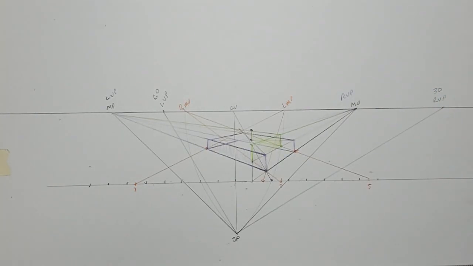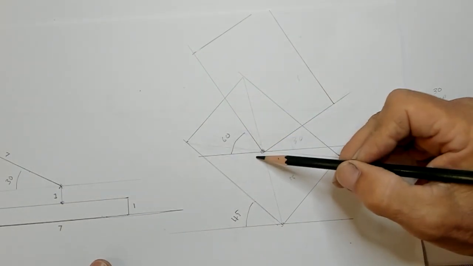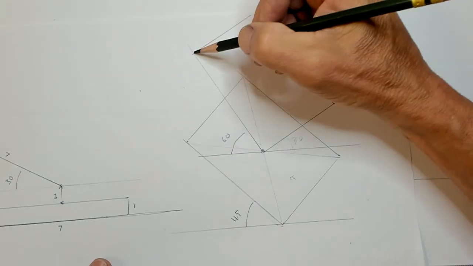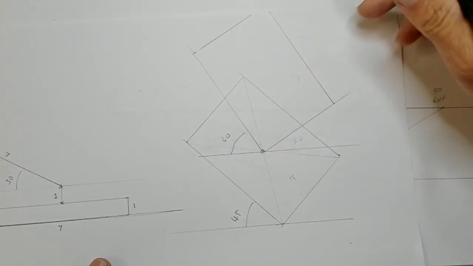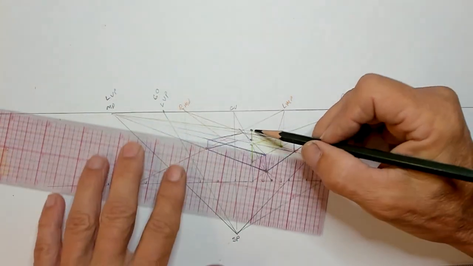Now I want the card to be lifted up at a 30 degree angle. If the card was parallel to the ground at this 60-30 degree angle, this line would go to a dot on the horizon line. It would go to here.